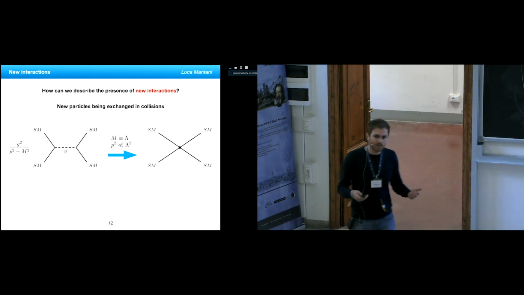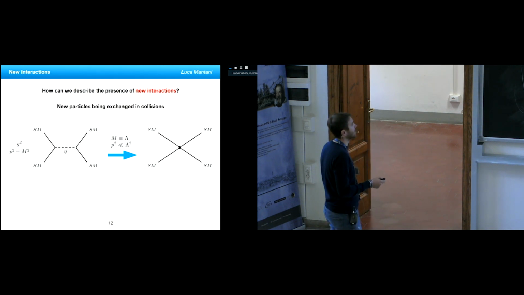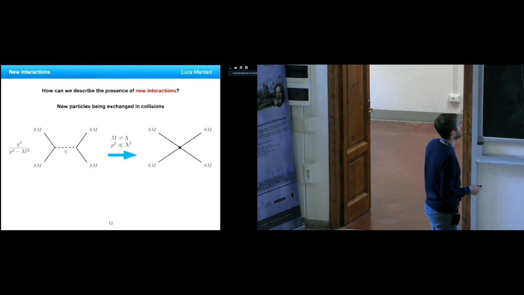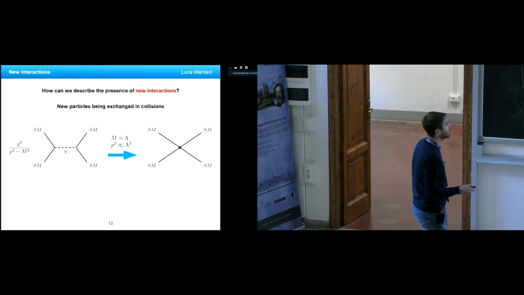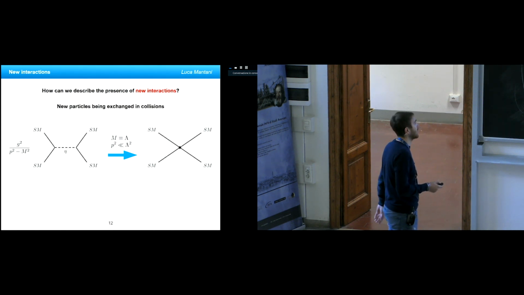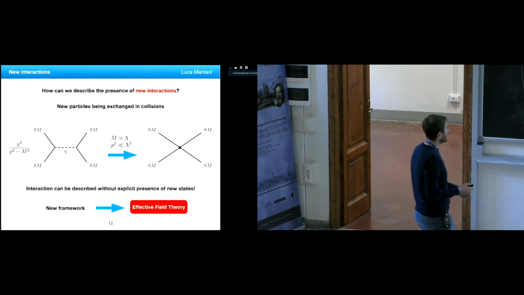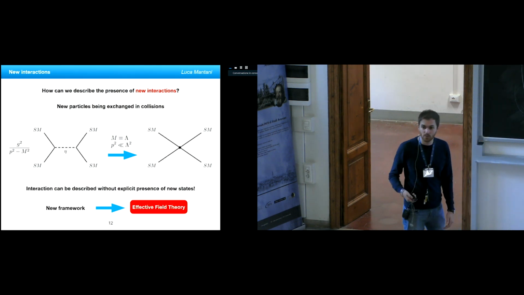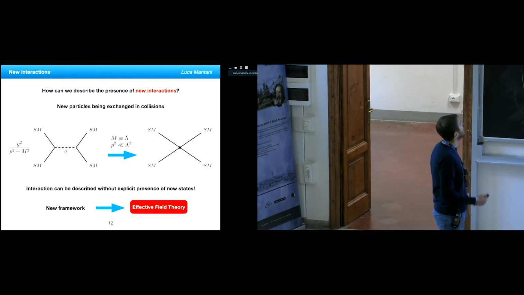So by doing this exercise, one can see that if you are at energies much lower than the mass of the new states, you can describe the effects of the presence of this particle without having it in your theory, just by having some correction to your scattering amplitude. So this leads us to build a new framework, which is the framework of an effective field theory.